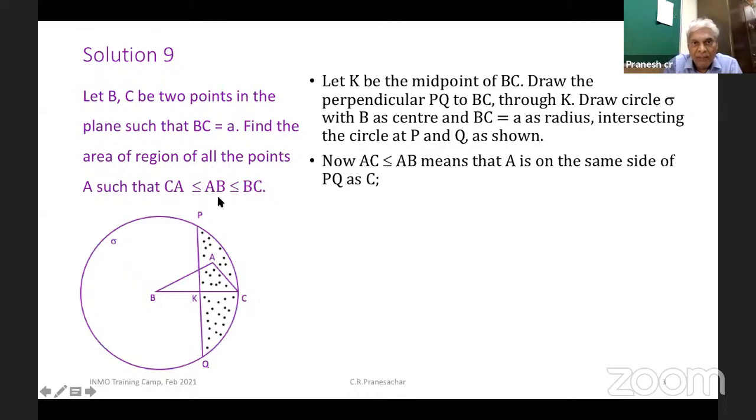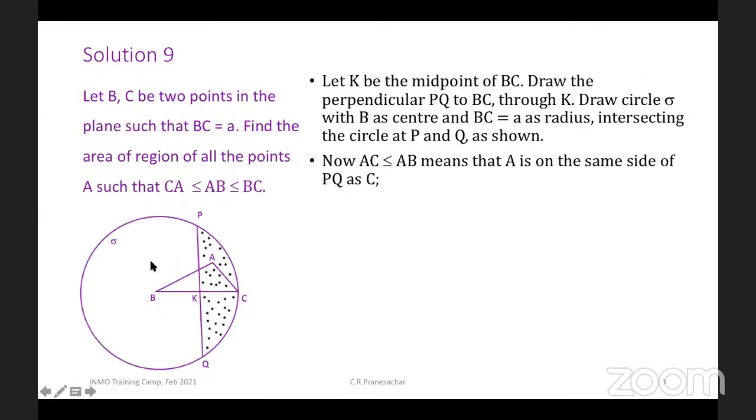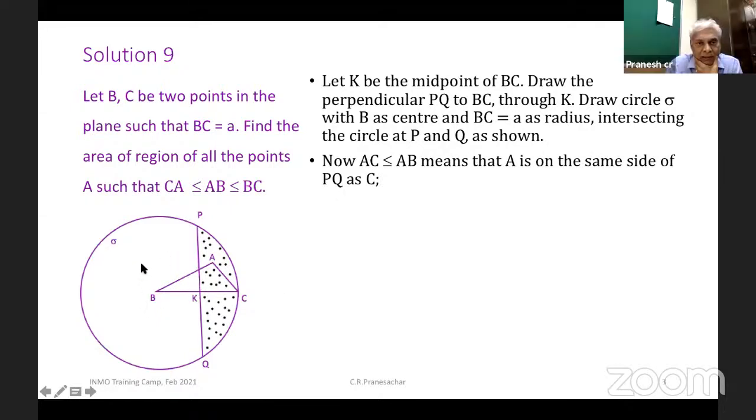But what is meant by AB less than or equal to BC? A is at a smaller distance from B than B is from C. So AB less than or equal to BC means you take a circle with B as center and BC as radius. Whenever point A is in the circle, AB is less than or equal to BC, because the distance from A to the center B will be certainly less than or equal to the radius, and BC itself is the radius.